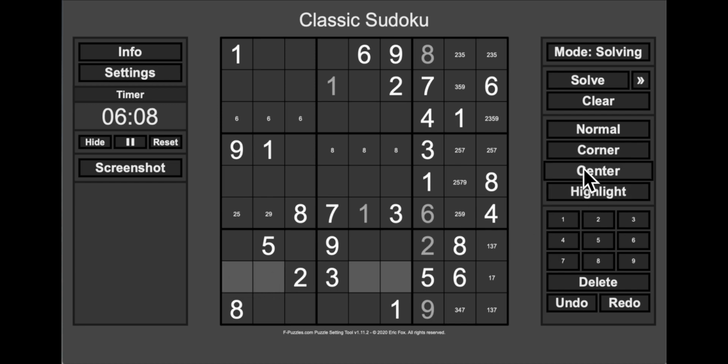See, looking at row 8 and saying I can't do 2, 3, 5, and 6. I need 1, 4, 7, 8, and 9. Well, this cell helps a lot because it can't be 1, 8, or 9. This one isn't 1. It could still be anything else.